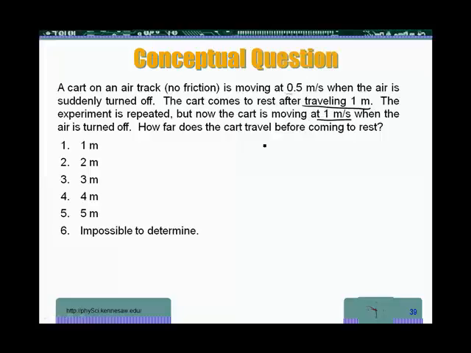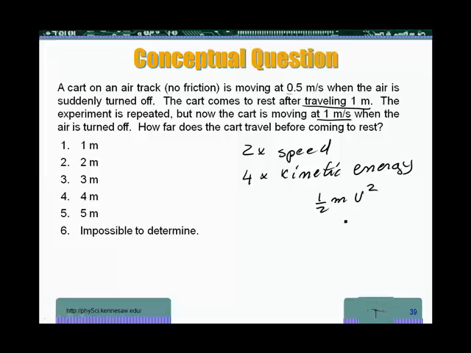Twice the speed, that means 2 times the speed means 4 times the kinetic energy. Now, why is it 4 times the kinetic energy? Because kinetic energy is 1/2 mv squared. If I double the speed, that's 2v squared, so it's 4v squared. So that's where the 4 comes from.